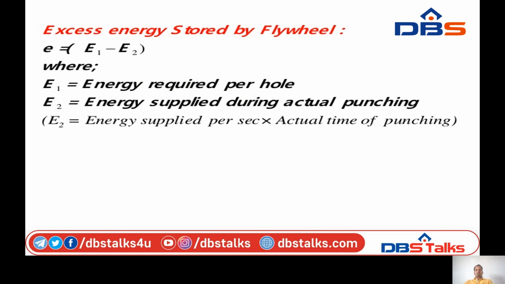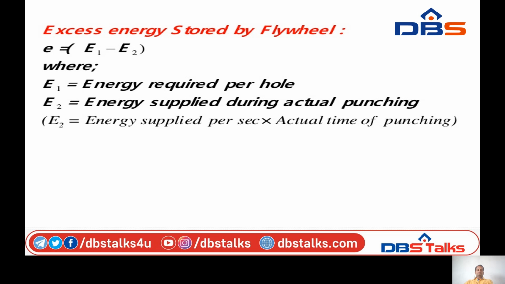Apart from these, we need to do some more things. We need to know that the maximum shear force required for punching is the sheared area into the ultimate shear stress, that is pi d t into tau.